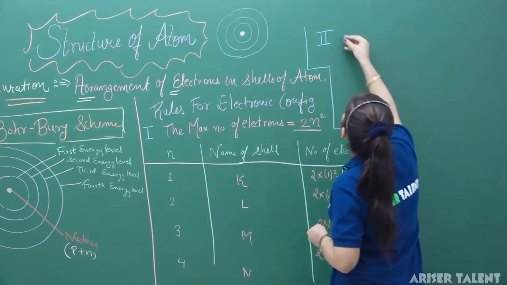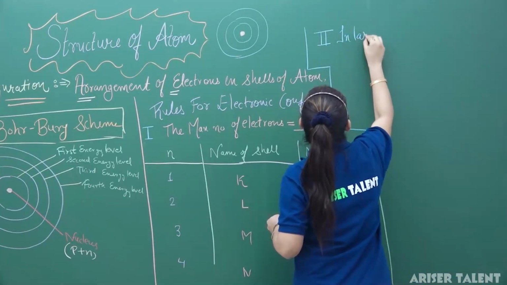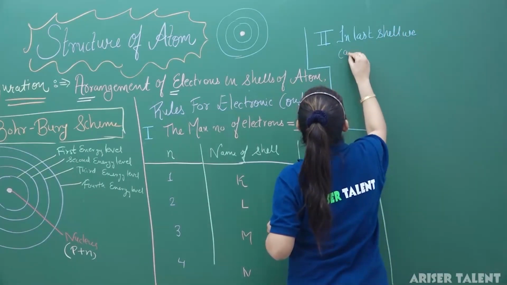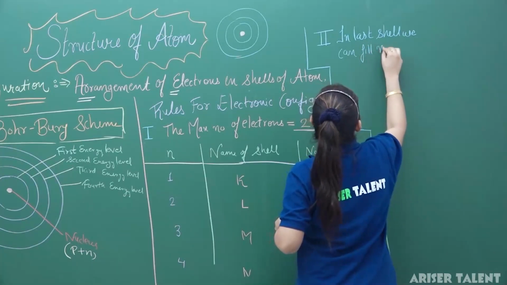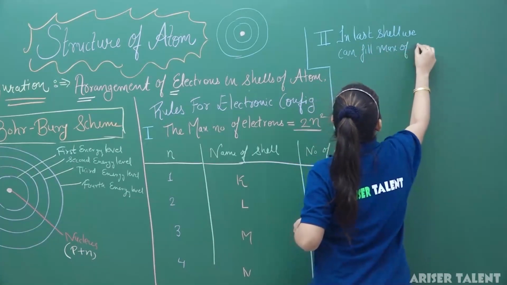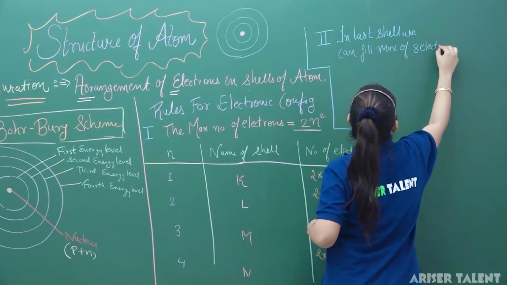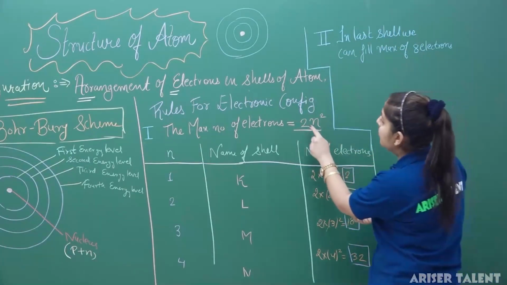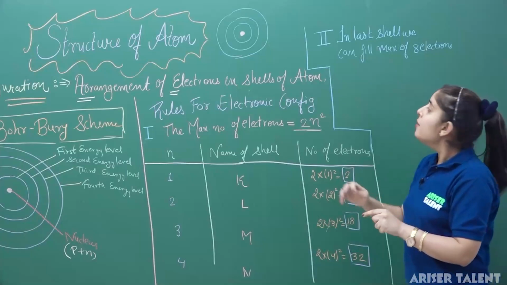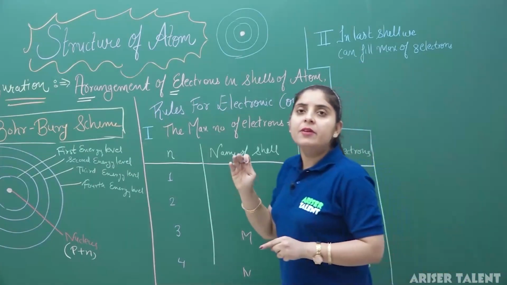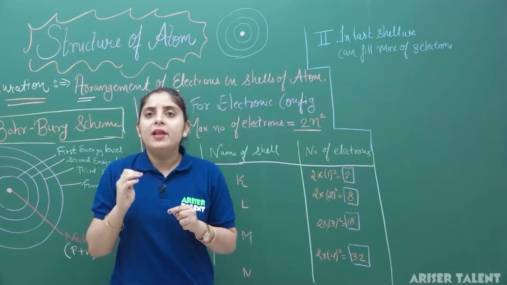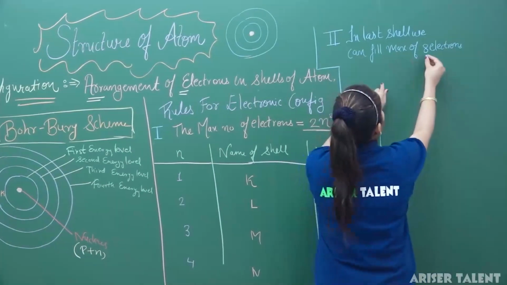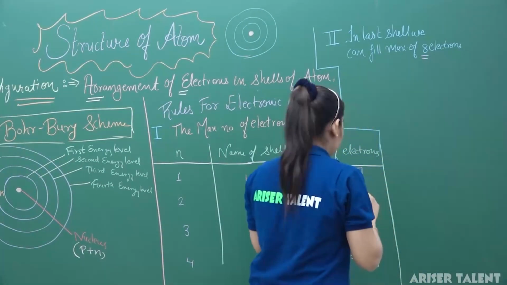In the last shell, we can fill a maximum of 8 electrons. In the first rule, Bohr and Bury said that the maximum limit of electrons will be 2n square, but in the second rule, the number of electrons in the outermost shell of an atom cannot exceed 8.